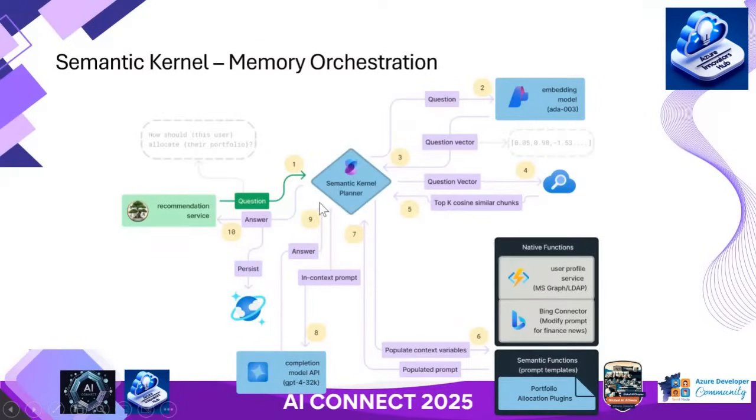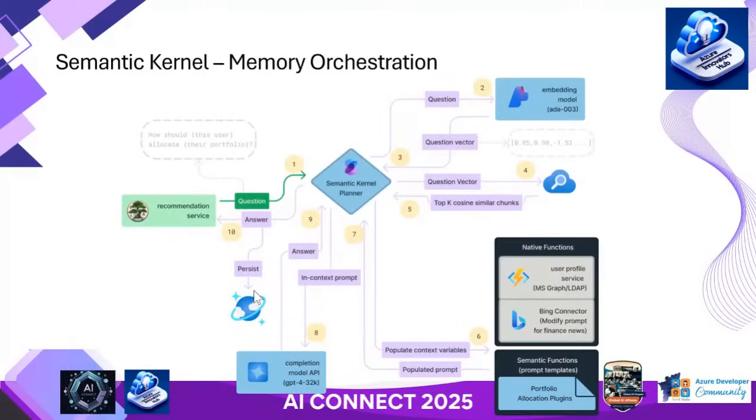Now, before we provide the response, we're going to use the completion model, and we're also going to have this quotes memory, if you will. We're going to persist the response in our Cosmos DB, so that if there are similar questions in the future, we can provide a faster response.